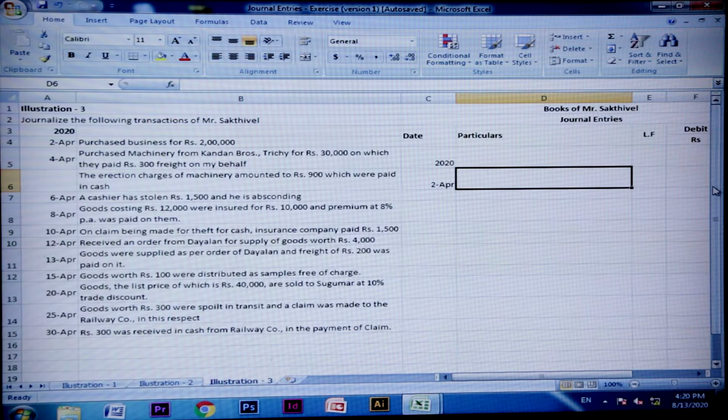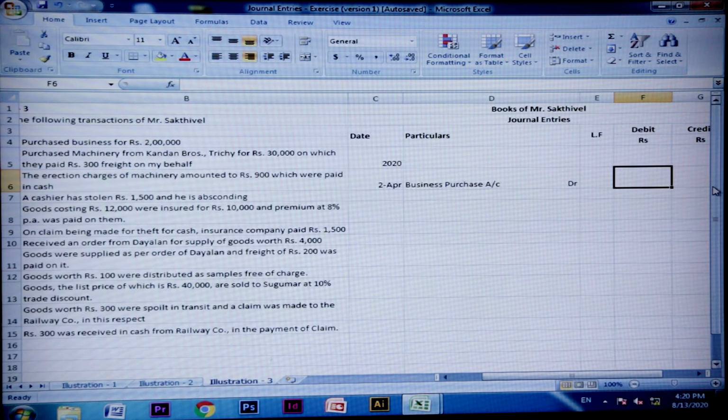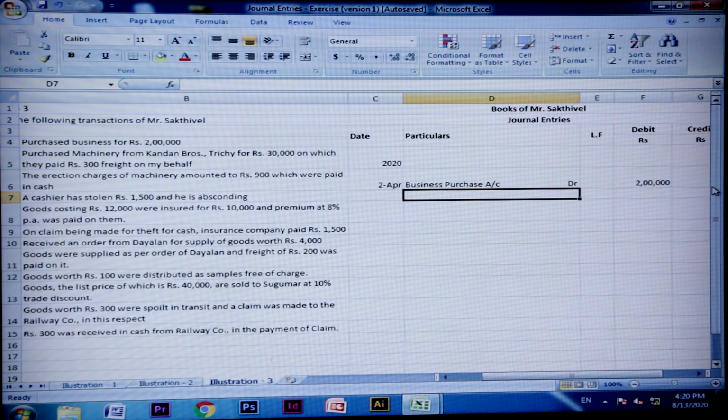So the other account affected is not given. We have to assume that it is by cash. So business purchase is also an asset. Any asset, if it is purchased, has to be debited. So here I am debiting business purchase account. So business purchase account debit 2 lakhs. If it is by cash, cash goes out.